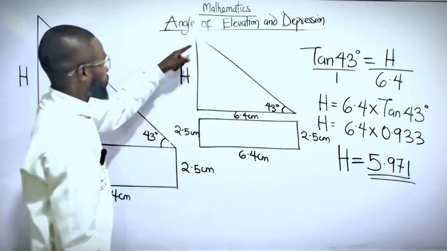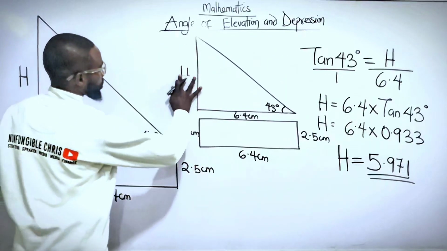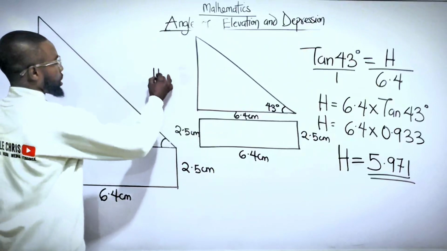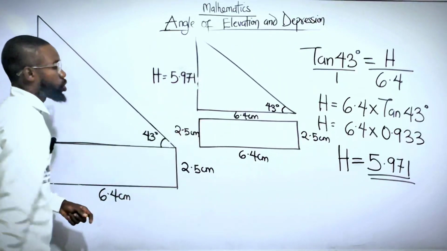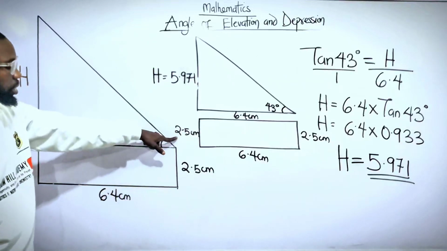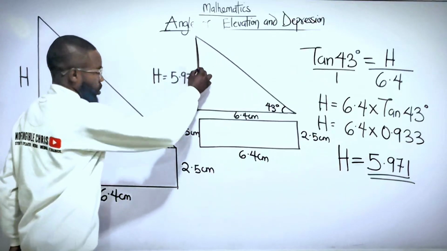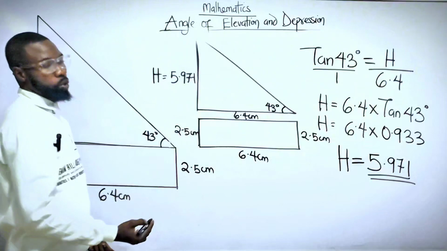That's this height, the whole of here to here. So I can just take this off and see the height is 5.971. If we add it to this length, this triangle length to this one, we are going to get the final answer.